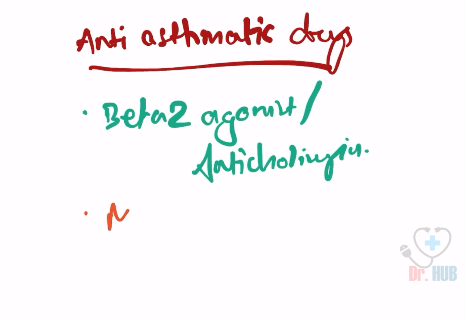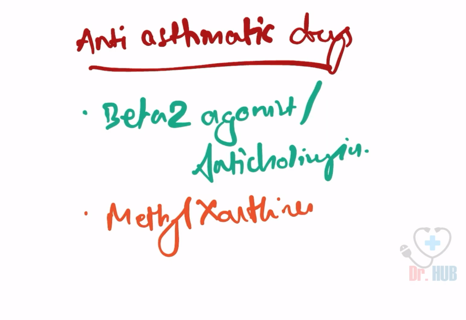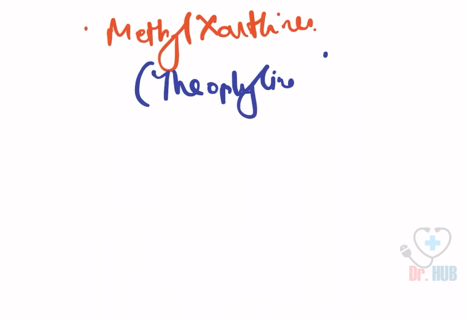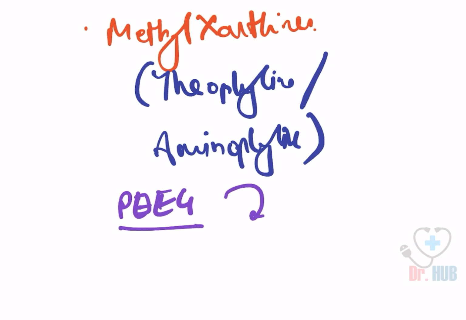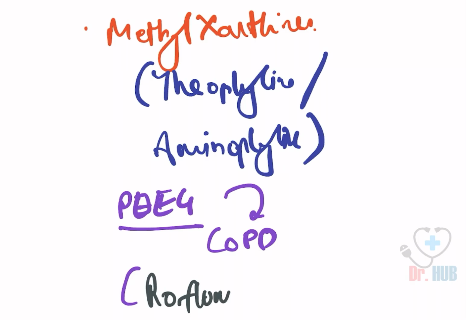Next, there is the methylxanthines, that is the theophylline as well as the aminophylline. And there is also a new PDE4 inhibitor approved for the COPD, and this is the roflumilast.